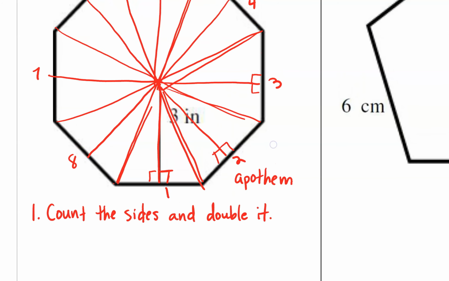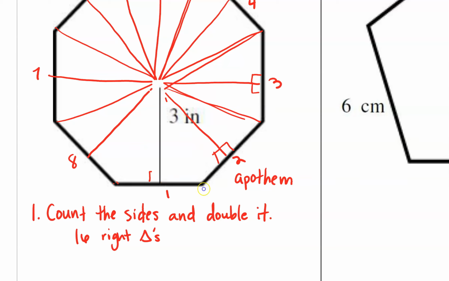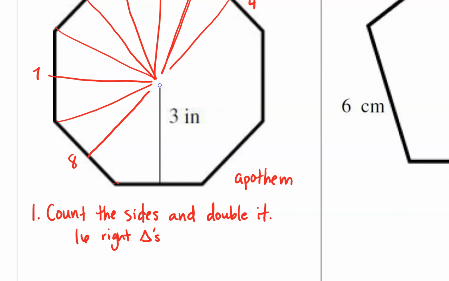So I have 16 right triangles. Okay. So now let's clean up some of this mess. Hopefully conceptually you get the idea that we're just going to find the area of one of the right triangles, multiply it by 16, and we will have the area of the entire shape. So hopefully that makes sense to you where we're going here.